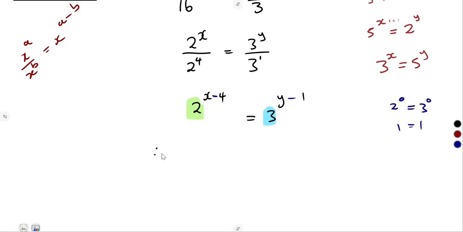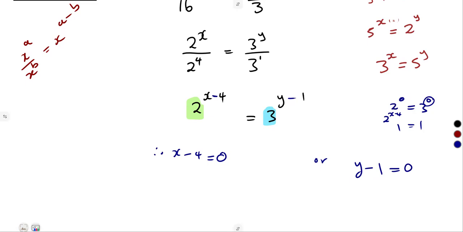So therefore, x minus 4, since we are supposed to have 2 to the power of 0, it means 2 to the exponent of x minus 4 represents 2 to the power of 0. So x minus 4 is equal to 0. That is what it simply means. On the other side, the power of 3 is supposed to be 0 again. So therefore what? y minus 1 should give us a 0, just like x minus 4.